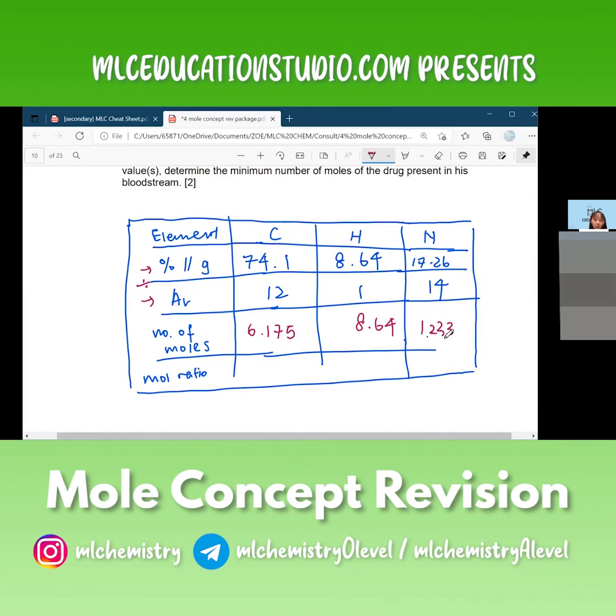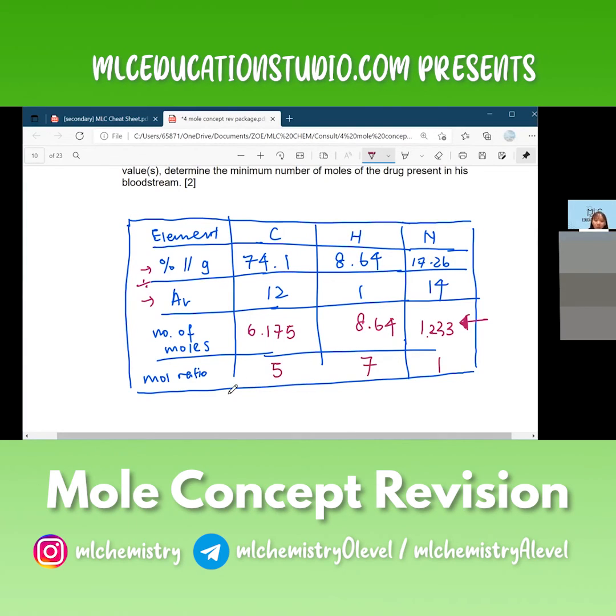Okay, the last one, mole ratio. Basically what happened is that you see out of all these, which one is the smallest. This is the smallest number. I use the smallest number, make it 1. The ratio is 1. So I use the smallest number and I take the big one divided by the small one. 8.64 divided by 1.233, I'll get a number of approximately 7. If you use 6.175 divided by 1.233, approximately 5.